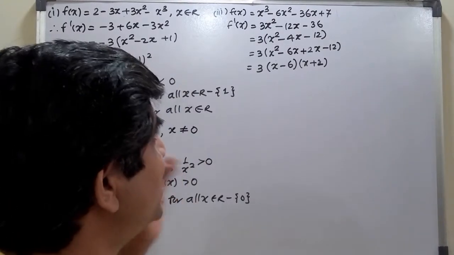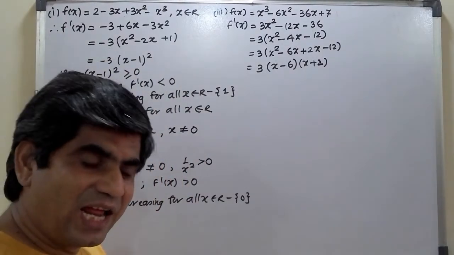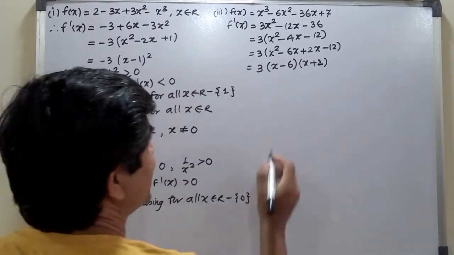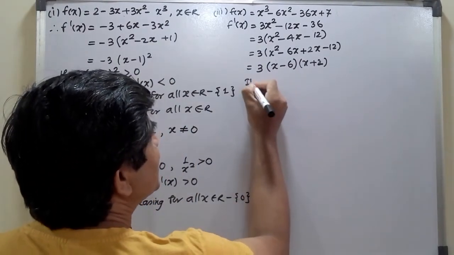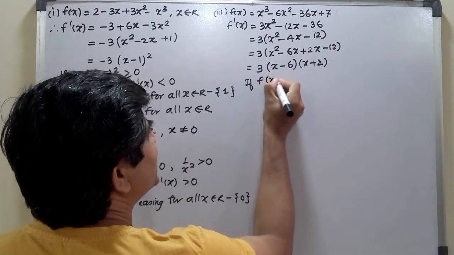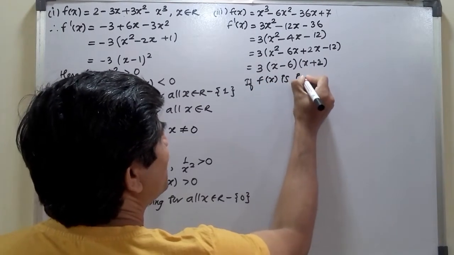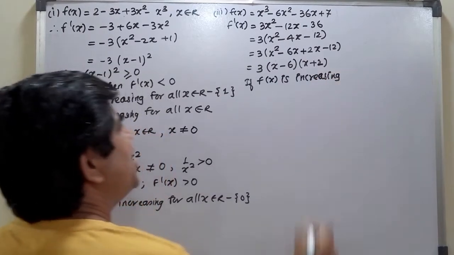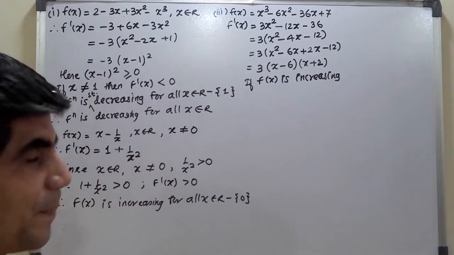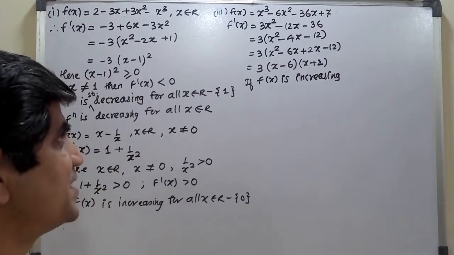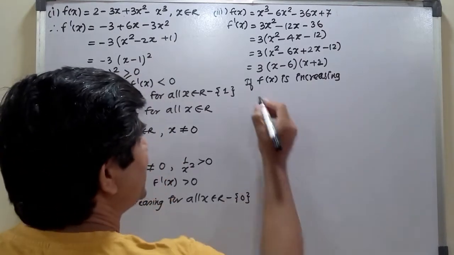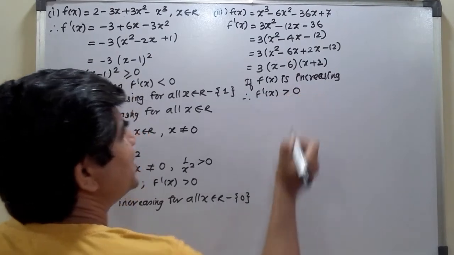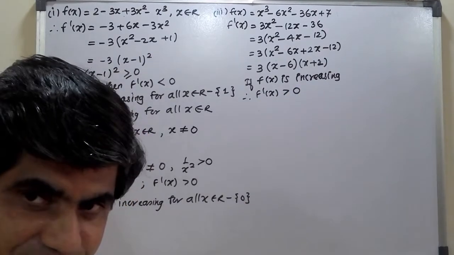Right. Now I am thinking for increasing. See, if the function f of x is increasing, I am going to go with all the possibilities. If it is increasing, it means that f dash x must be greater than 0, that is positive.